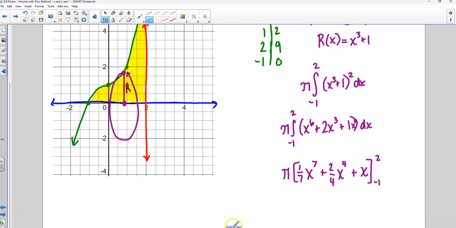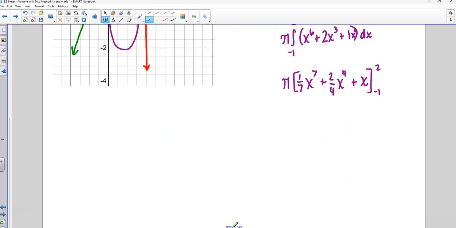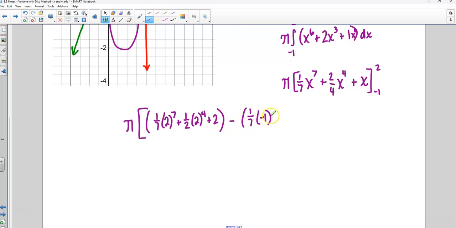And then if this is a calculator or if this is a free response question, what we can do, we've got to keep the pi out front. We're going to have 1/7 times 2 to the 7th plus 1/2 times 2 to the 4th plus 2, minus 1/7 times -1 to the 7th plus 1/2 times -1 to the 4th plus -1.